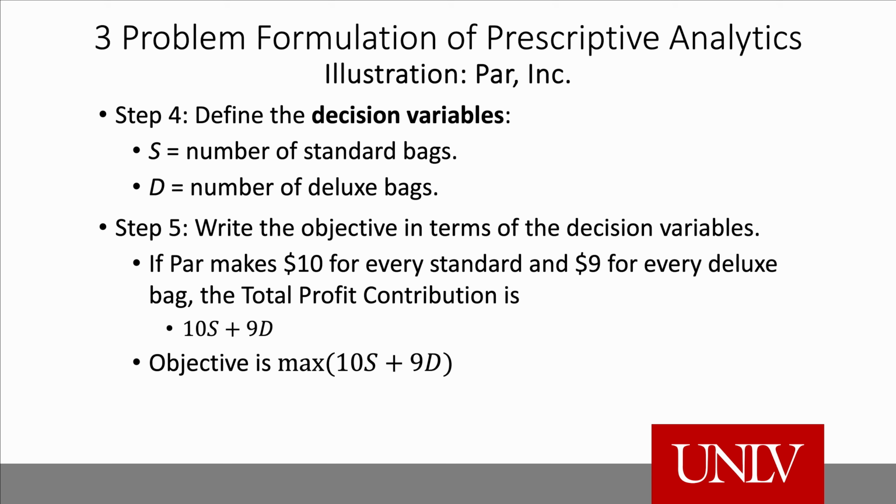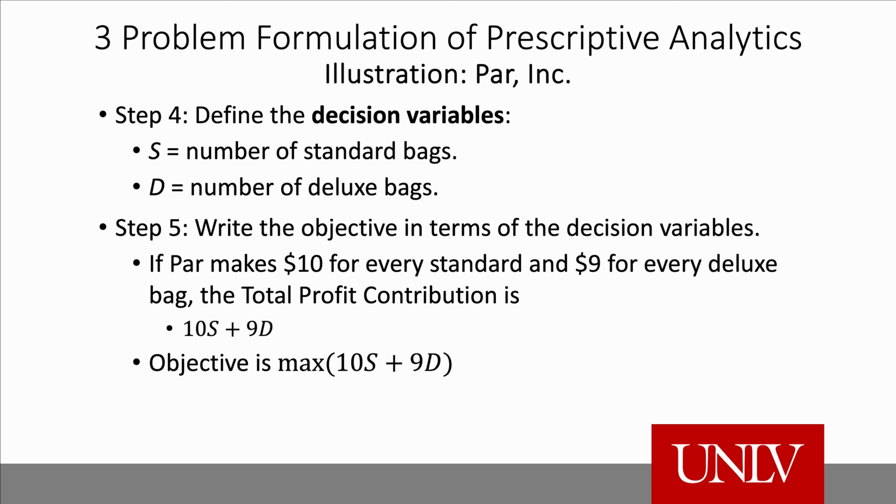So step 5, write the objective in terms of the decision variables. We've already set up the decision variables, which are S and D, right? So now we have to understand how we use S and D to represent the objective. Par's profit contribution comes from two sources, the standard bags and the deluxe bags, right? So if Par makes $10 for every standard bag, then the company will make $10 multiplied by S if S standard bags are produced.